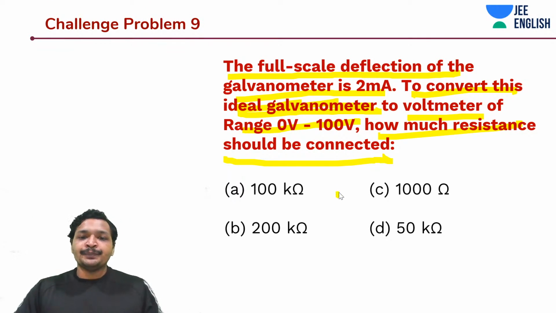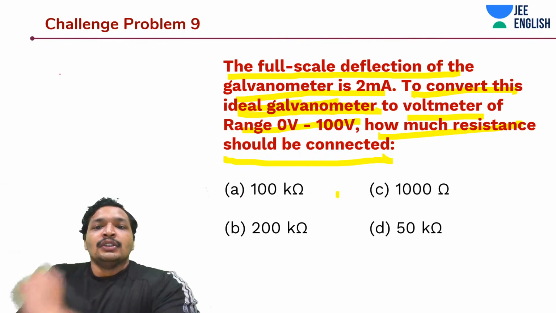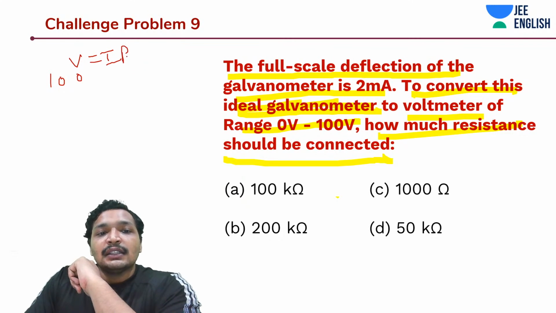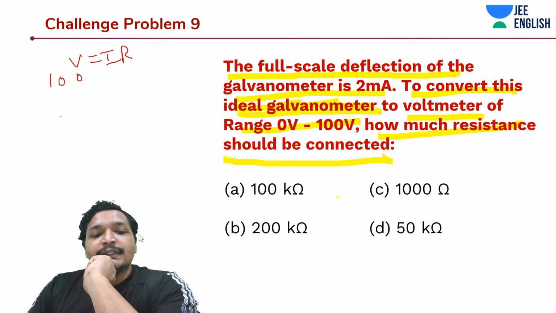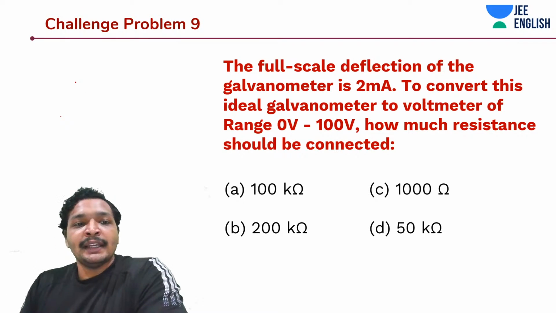No answers until now? Okay. So you should get 100 volt. So basically V is equal to IR. That's it. V is equal to IR is what you would apply to get the answer. Hi Vinith, hi.